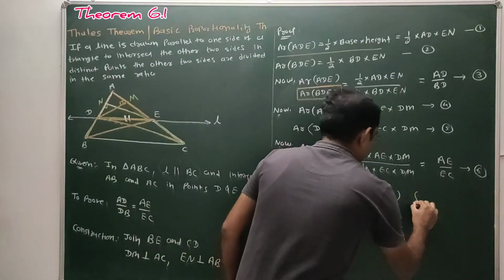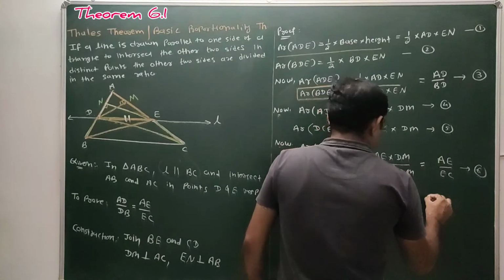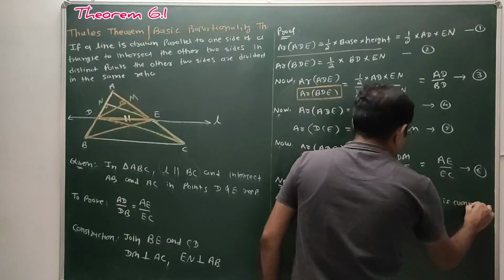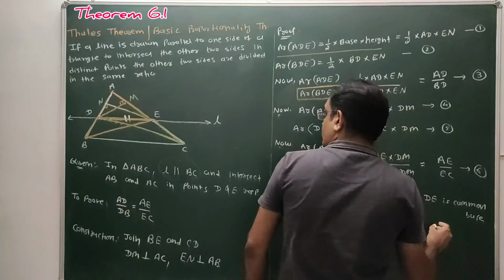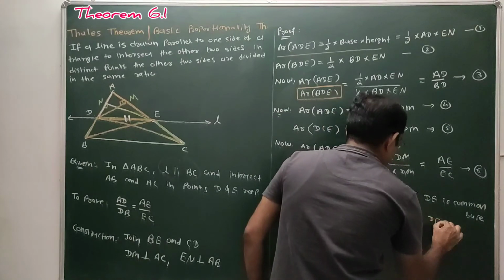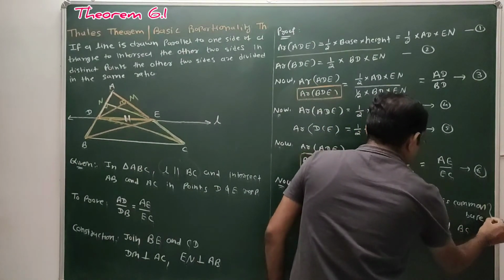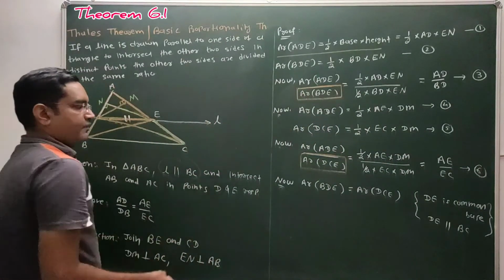So here we can write the reason. DE is the common base and the two triangles lie between parallels. Which two parallels? DE parallel to BC. Areas of two triangles lying between two parallels and on a common base will be equal.